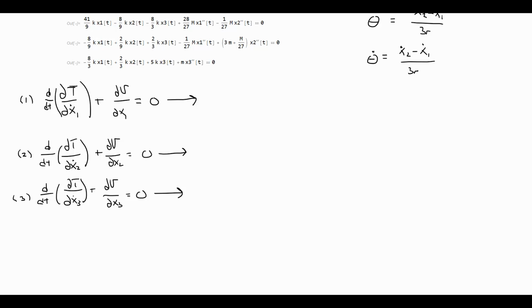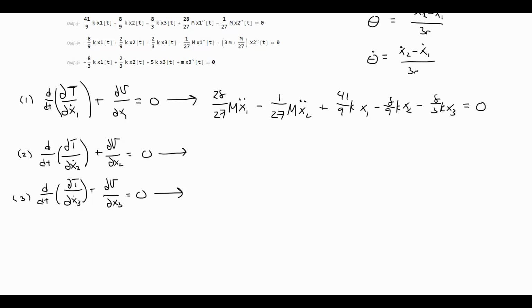So we have this 28 over 27 m x1 double dot minus a 1/27th m x2 double dot. And then we have the k terms, or the x1, 2, 3 terms. So 41 over 9 k x1 minus 8/9 k x2 minus 8/3 k x3, and that equals 0.